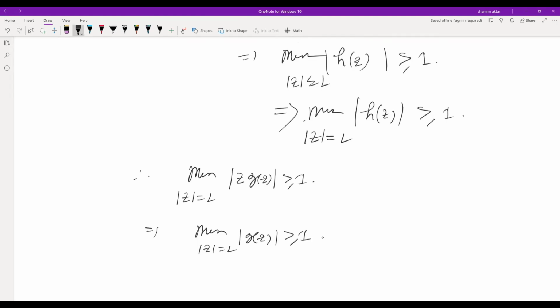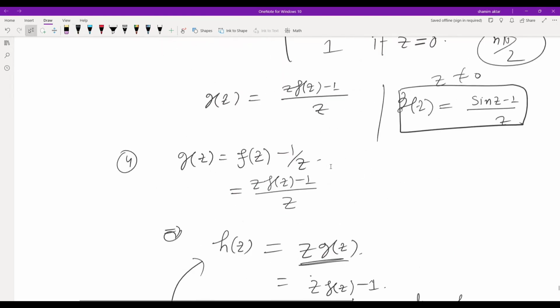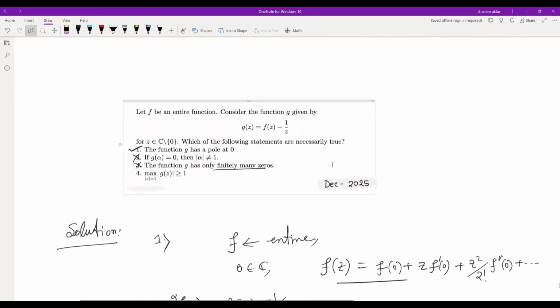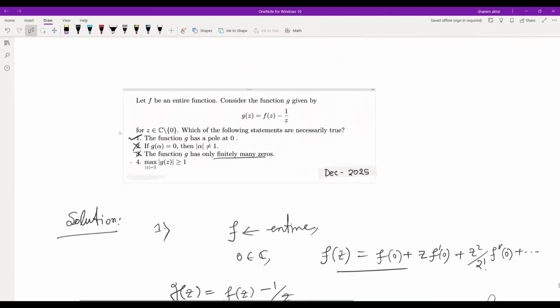Hence the proof, so this is a correct option. So the answer to the question is 1 and 4. Thank you.